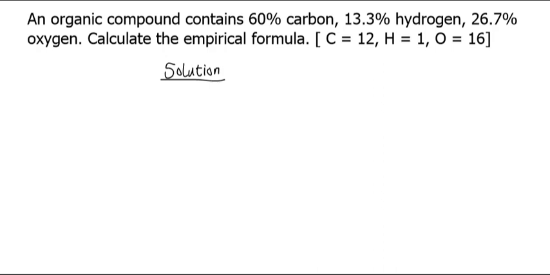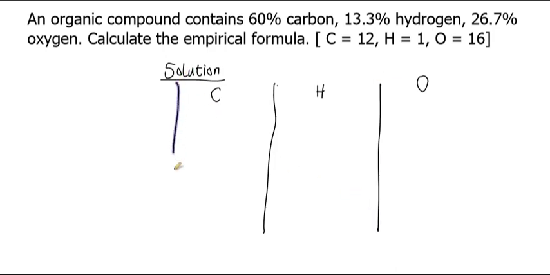So let's continue. In a tabular form, I have carbon, I have hydrogen, and I have oxygen, the elements that made up the compound. So on this side, I'll say percentage composition by mass.